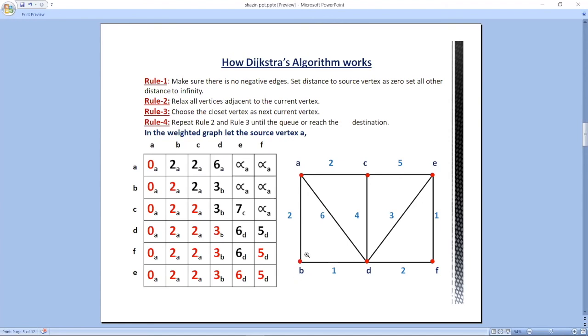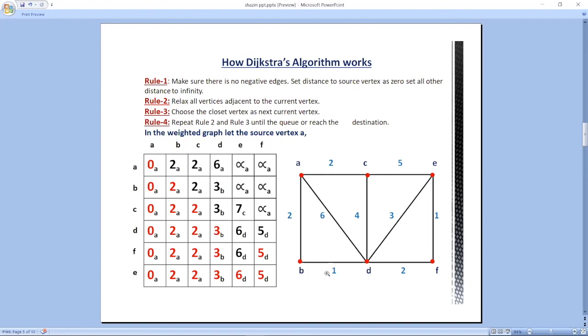If we want to find the B vertex, we have already traveled from A to B 2 units, so we mark it 2 from A. Then B to C there is no direct way, so we are not going to update the value. We put the value the same as before.